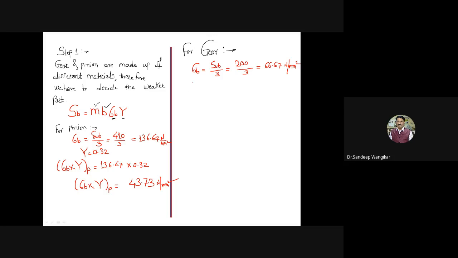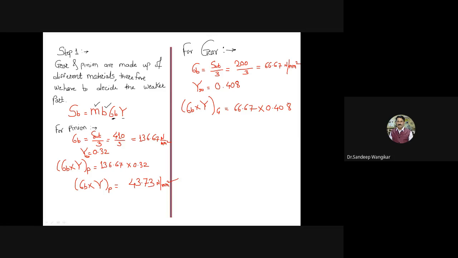Then what is Y value for this gear? 50 number of teeth. Here this is for 20 for pinion. So it is 0.408. So I will say Y value is given as 0.408. So let us calculate the product. Sigma b into Y for gear is equal to 66.67 into 0.408.